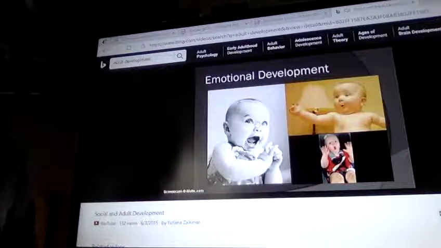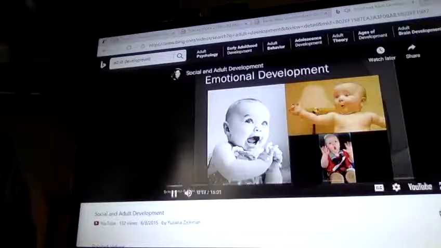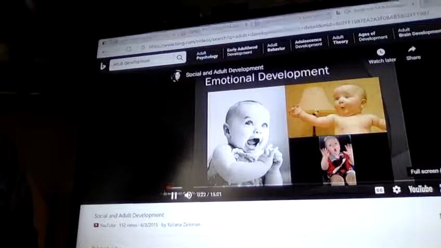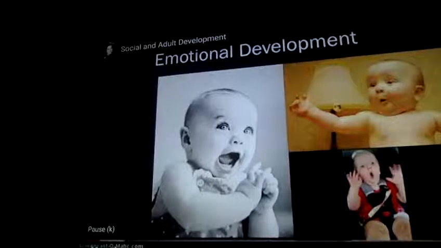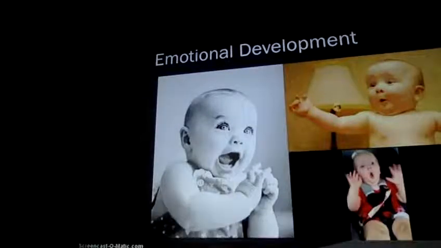Social development is rooted in emotional attachment and the need for physical contact as infants first form an emotional bond with an adult. Basic emotions such as anger, fear, and joy take time to develop. The only emotion that newborns clearly express is excitement, which you can totally see in the wonderful, cute pictures in front of you.